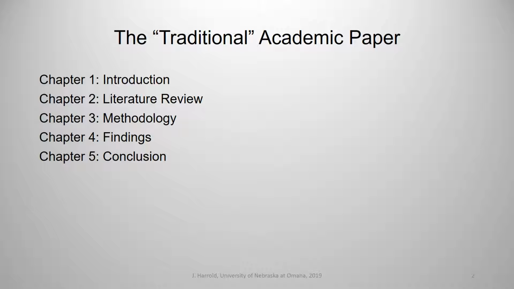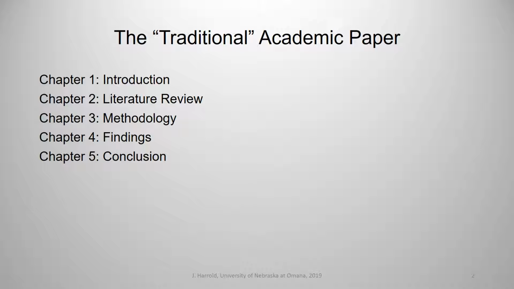So often you're asked to write a paper in many of your classes. Well, as it turns out, there's what we call a traditional approach to an academic paper, and really this organization that you see here is what you might see for a thesis or a dissertation. And a thesis or dissertation typically consists of 5 chapters.